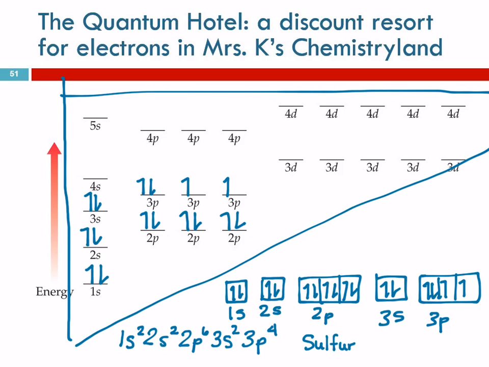Yes, question? And if there's more electrons, would it go to the 4s first? Yeah, if we continue adding electrons, the next one will go here and here to fill up this 3p. Then they'll go to 4s before they go into 3d, because this is lower in energy. In the hotel analogy, this room's cheaper than that room.